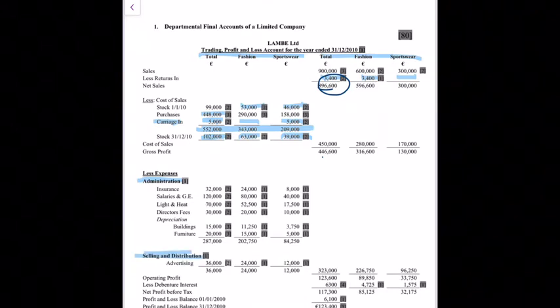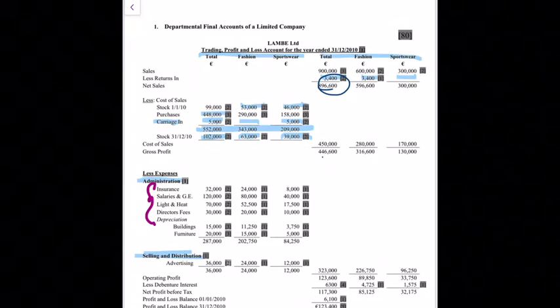Next, we're moving on to our expenses, and we've got our admin and our selling and distribution. This information is coming straight from that table that you have in your working. So we've got our insurance, salaries and general expenses, light and heat, director's fees and depreciation. We calculated all of those already, so those figures are coming straight from that table. For example, your insurance 32,000 is split into 24,000 and 8,000. So you're getting 4 marks for each of those.